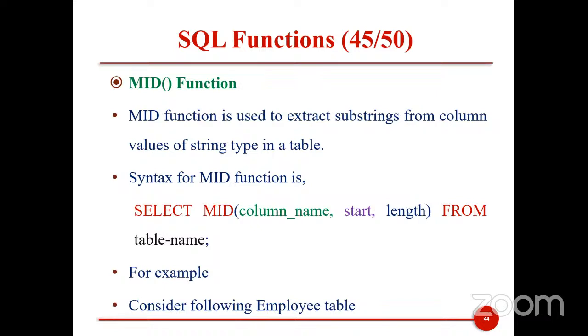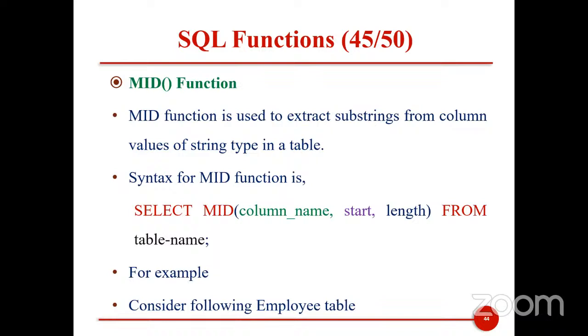Then we have what we call the mid function. The mid function is used to extract substrings from column values of a string type. Assuming that you have a long text, maybe you have the names of people, but out of the names, you want only to extract values from a particular range and to end somewhere. You are going to use the mid function. The syntax for the mid function is you put mid, then you indicate the column name, maybe name.